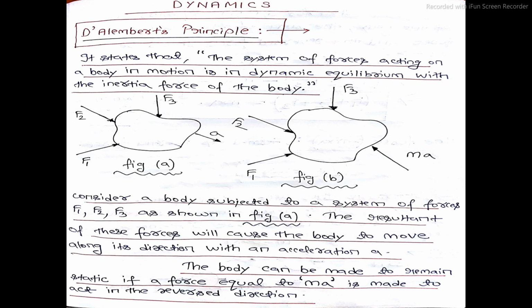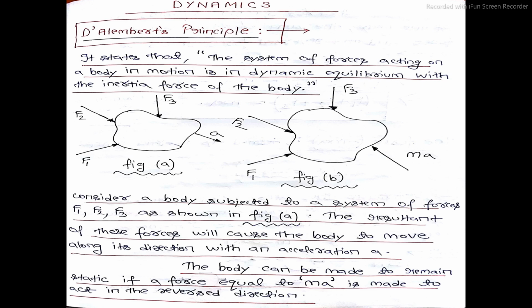What is kinetics? It is the study of geometry of motion of a body with reference to the cause of motion. Again, I repeat, kinetics is the study of motion of a rigid body or a particle when you consider the cause of motion.